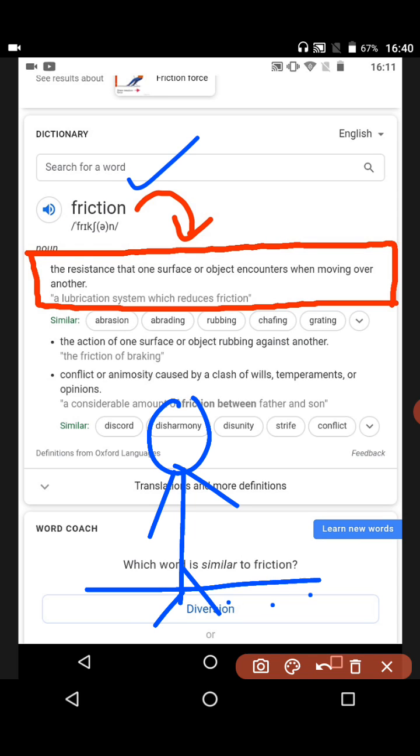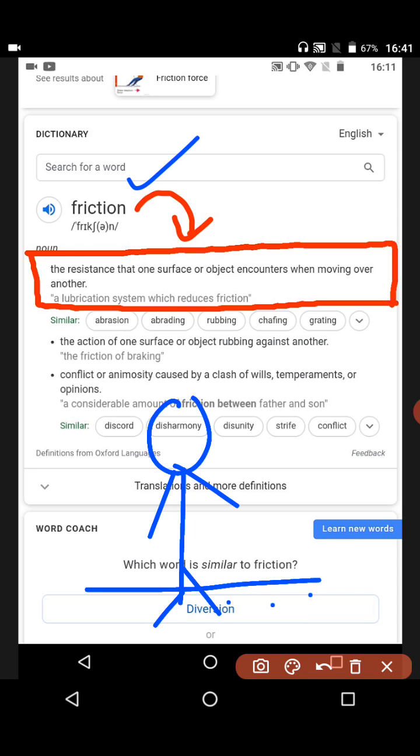When you are walking, you need to apply some force. That's why friction is a form of force. Normally when you are writing also, you need to apply some force. That is a very important point to be noted.